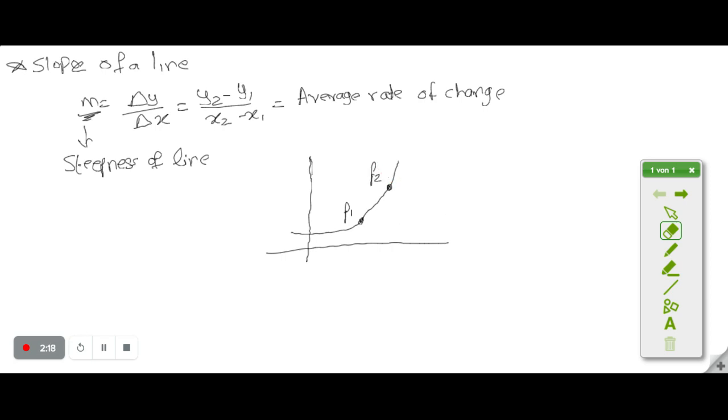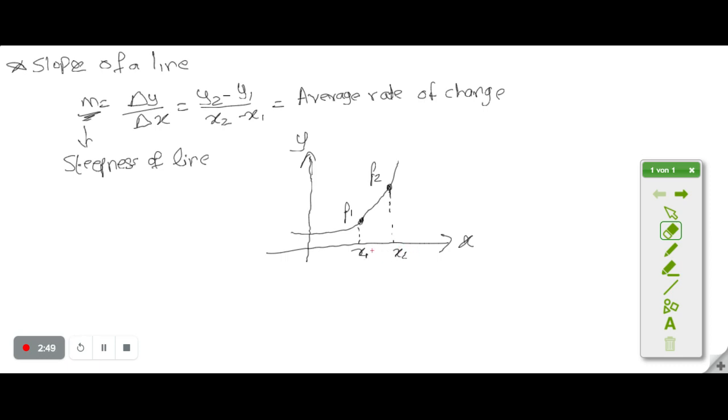This is the x coordinate and this is the y coordinate.